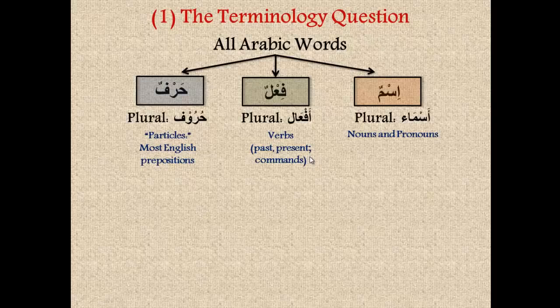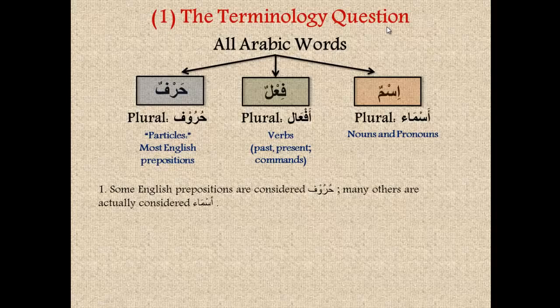And I want to tell you why I made these mistakes, because this ties in directly with the terminology question, the topic at hand. So number 1, I told you that most English prepositions fall under the category of huruf. In reality, most English prepositions actually go here. They go under the category of asma', and only some English prepositions fall under the category of huruf. So that's quote-unquote mistake number 1.